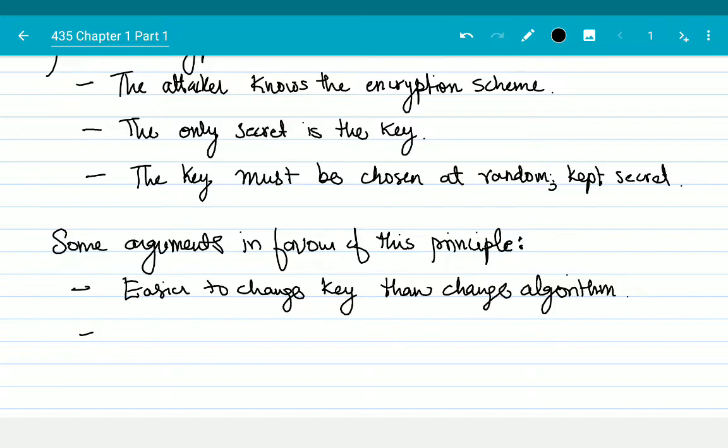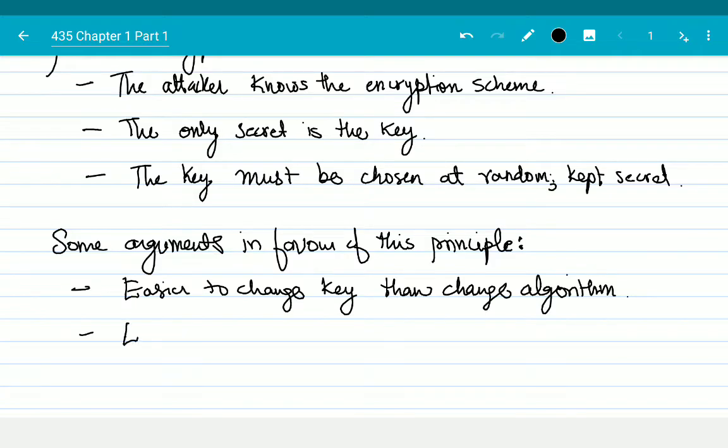Compared to that, if you want to change the key, just take some other random key. Like if you're encoding by shifting everything by 3 letters, shift everything by 5 letters. That's a new key. If you're completely changing the algorithm, it takes much more effort, right? So it's easier to do.